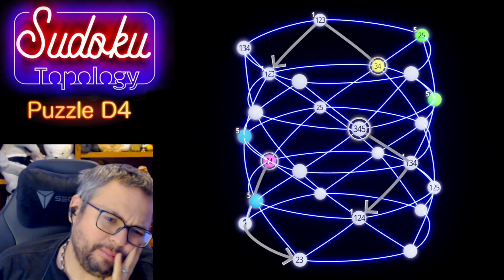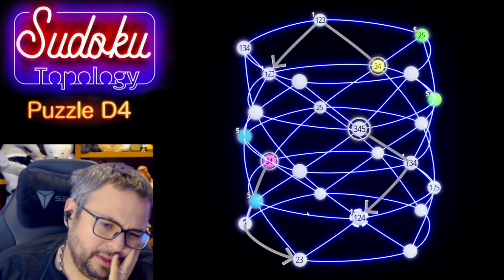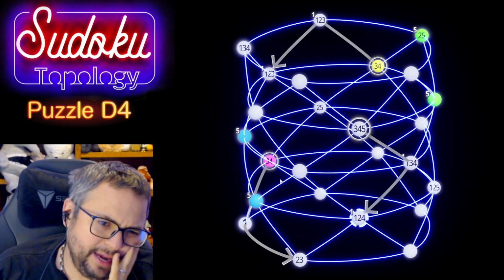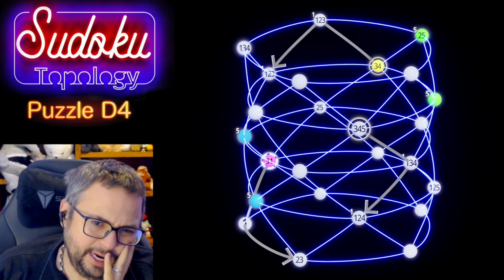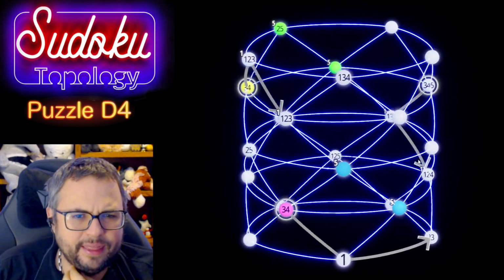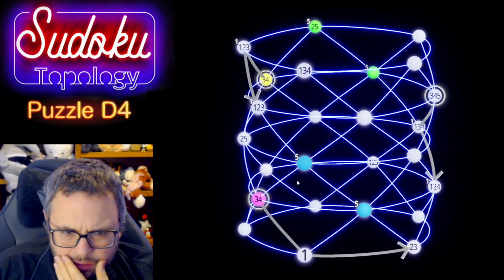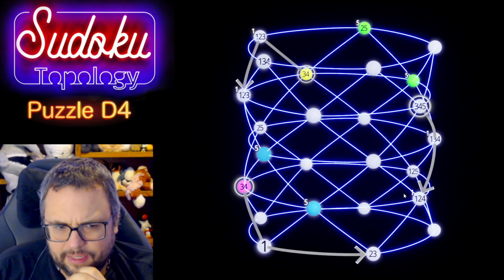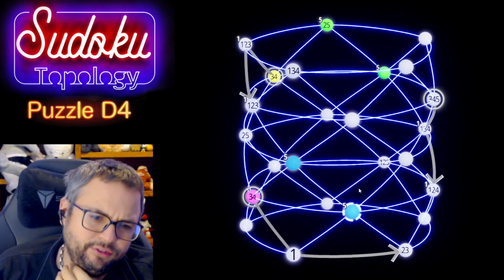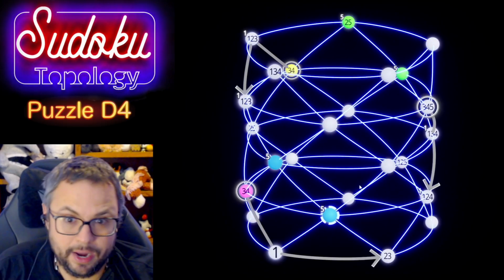I was looking for something like, if this is a 4, then it makes pink 3, which makes this yellow, but that also makes this a 5. I don't think that's immediately a problem. Let's see. This cell also definitely sees a 3, and it definitely sees a 1.